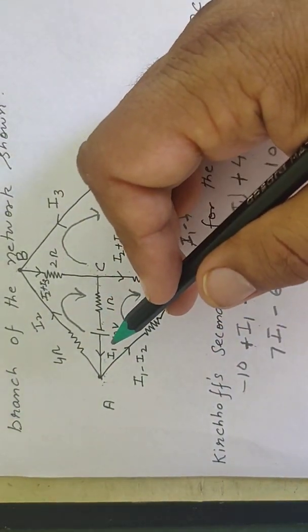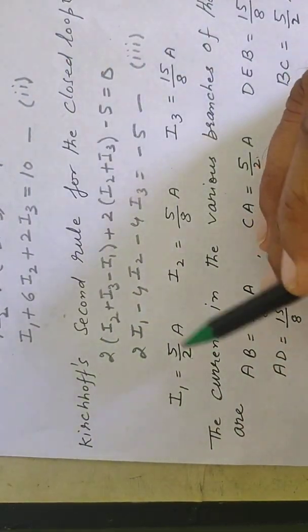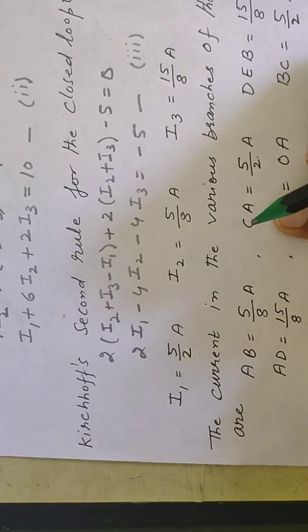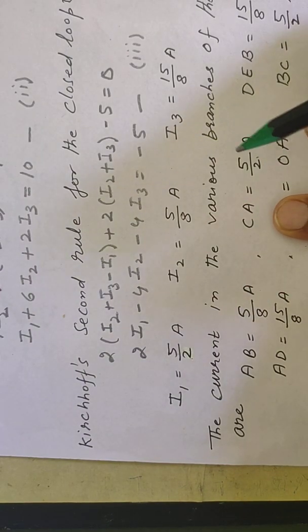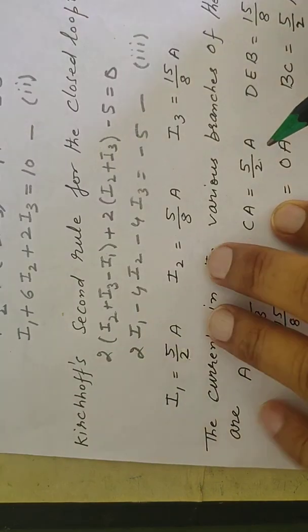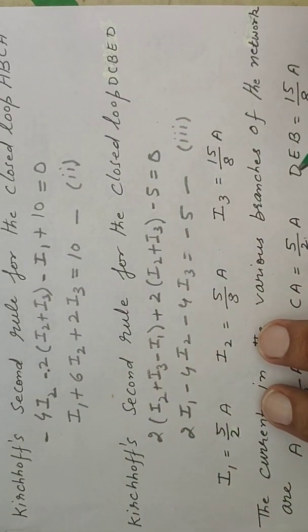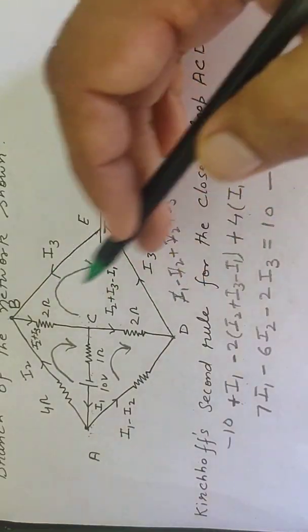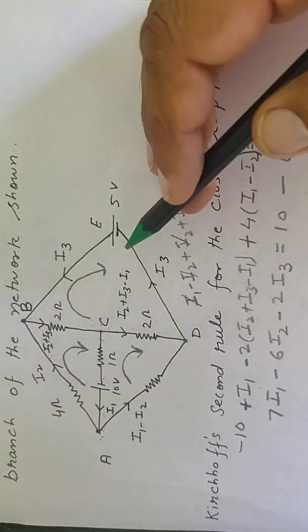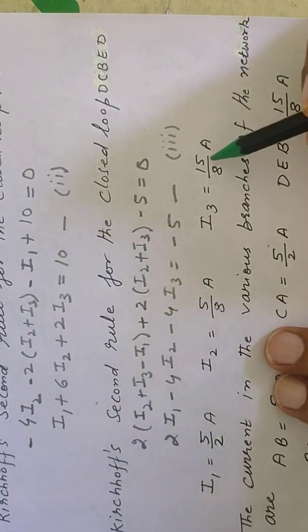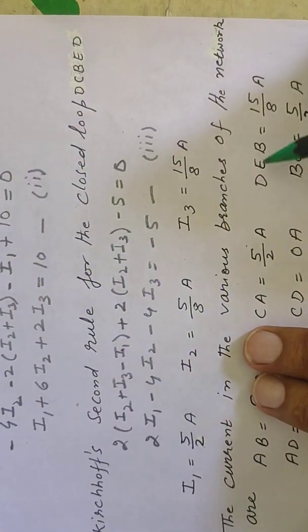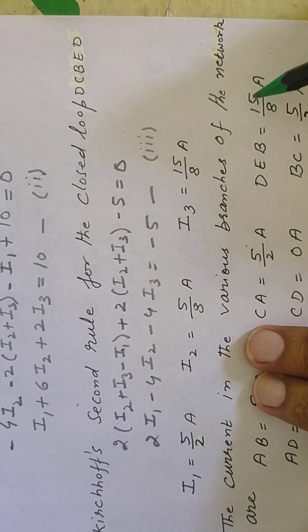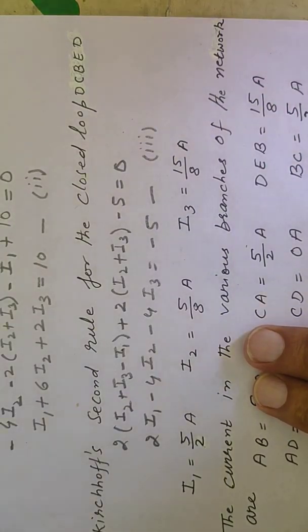CA branch current flowing is I1, and here you see I1 current is 5 by 2 ampere. Here again we get current CA 5 by 2 ampere. Next we find the current in branch DEB. Here current flowing is I3. So simply we get here 15 over 8 ampere. So DEB current flowing is 15 over 8 ampere.